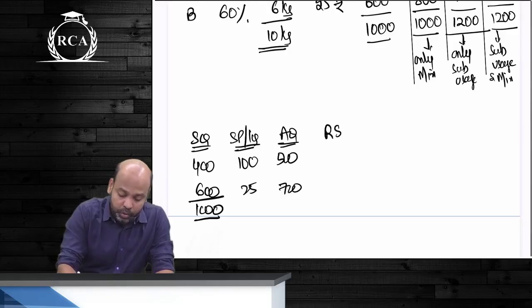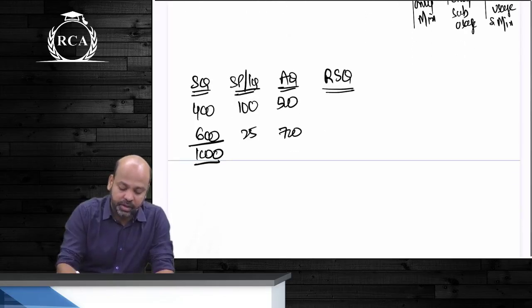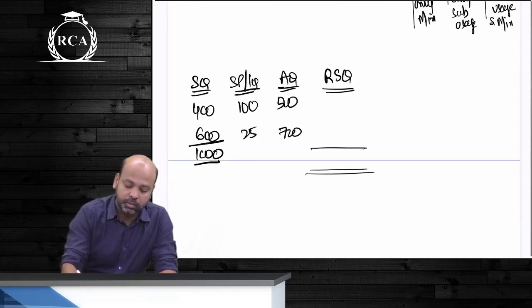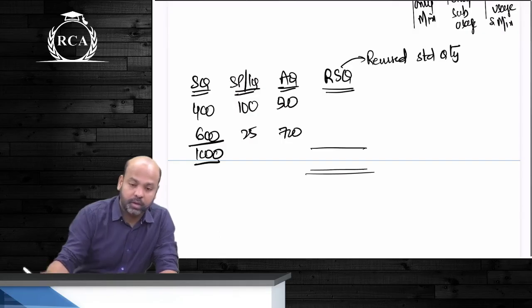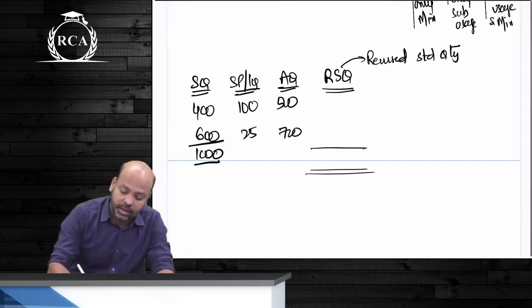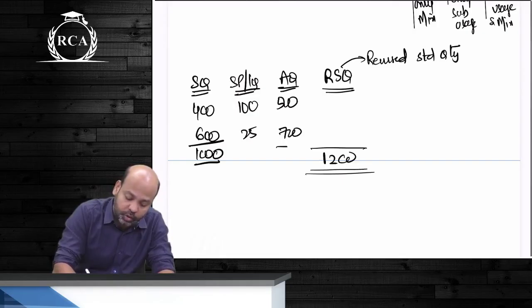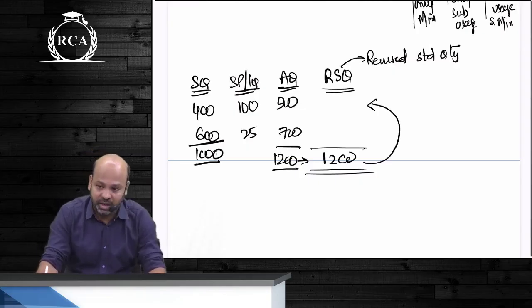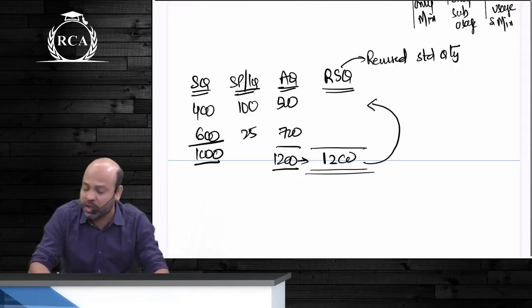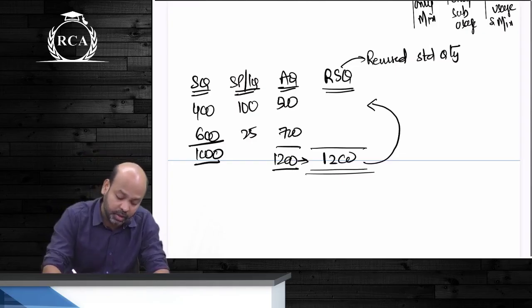So to compute this sub-usage variance and mix variance separately, guys, we introduce a new term called revised standard quantity. Revised standard quantity, guys, is total actual quantity but in standard proportion. If you would have consumed those 1200 kgs in the standard proportion, what would have been the quantities of raw material? 480 and 720.